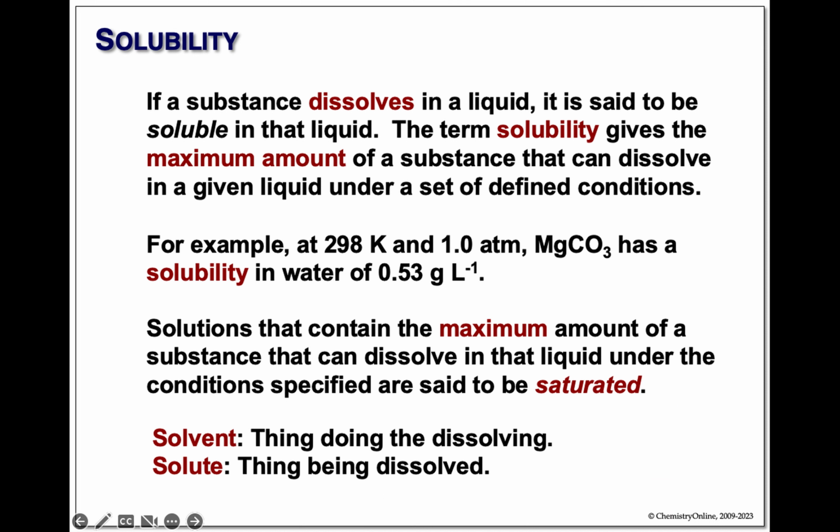All right. When we have a solution that has as much in it as it's supposed to get, so that's our 0.53 grams, we say the solution is saturated. No more will go in under these conditions. But you can actually cheat, okay?